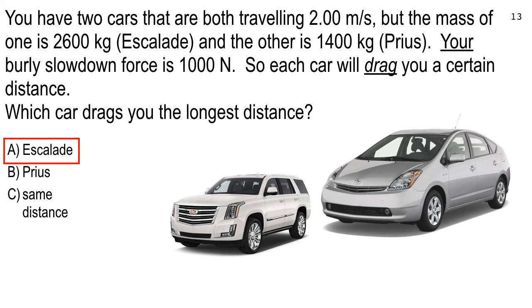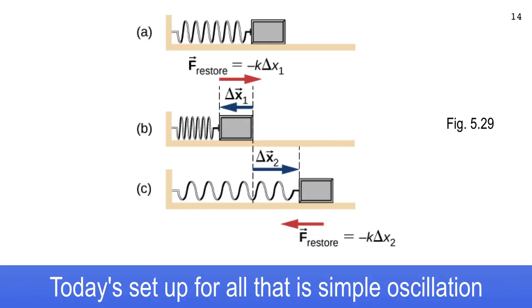So I want to give you a little bit more instruction on the force that controls oscillation. And this is a figure from chapter 5. We're dipping backwards into chapter 5.6, which is a little blurb on spring forces. And then we're going to dip back forward into chapter 15.1 and maybe 15.2.